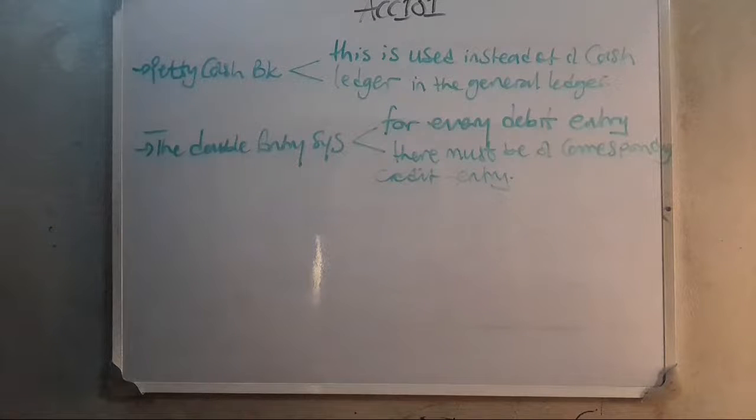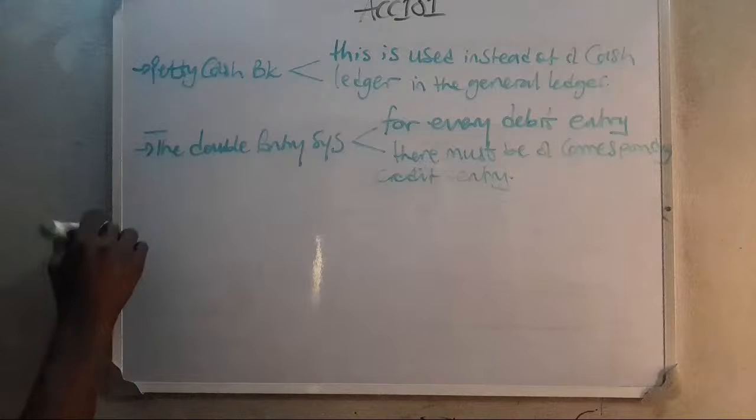Now there's something called the golden rule of double entry. The money value of each transaction is entered one on each side of the general ledger in different accounts. Now we need to pay attention to this. The nominal account deals with expenses, income, and losses.